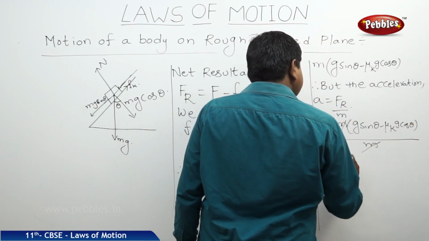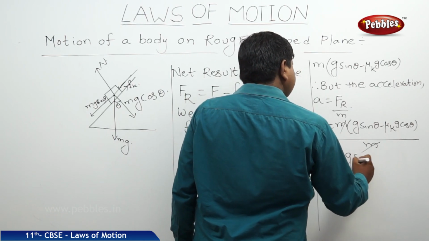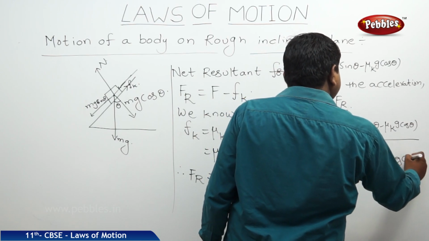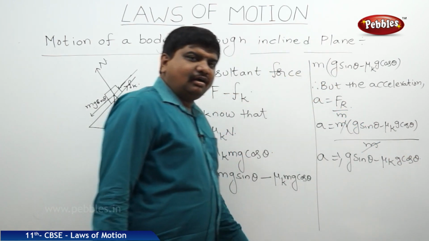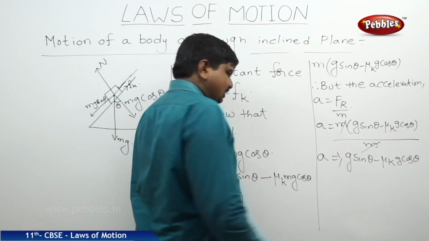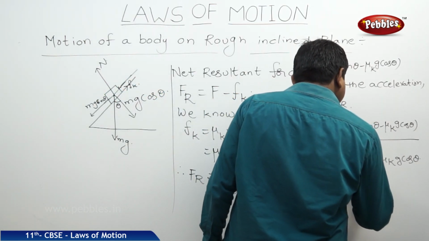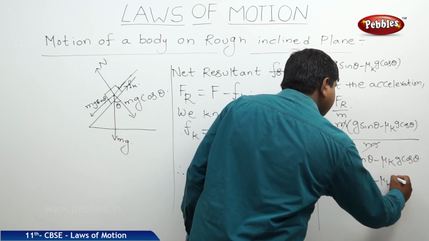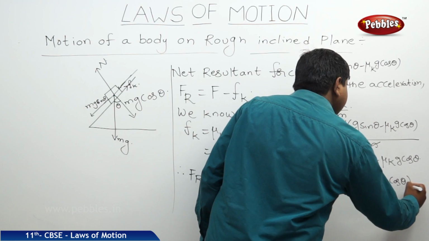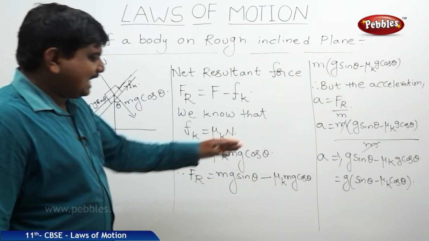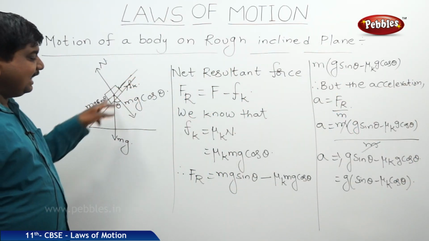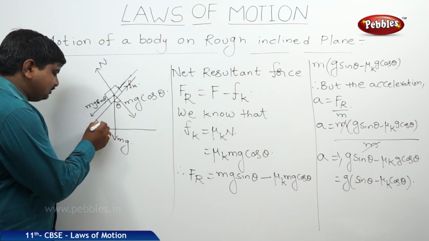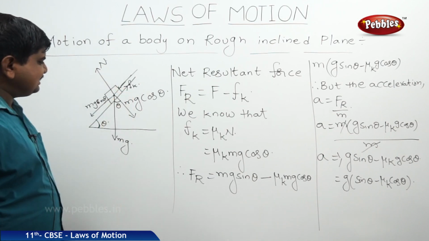M gets cancelled. So acceleration will become g sin theta minus mu k g cos theta. Or we can write g (sin theta minus mu k cos theta). So this is the acceleration of the body, where it is sliding on a rough inclined plane making an angle theta with respect to the support.